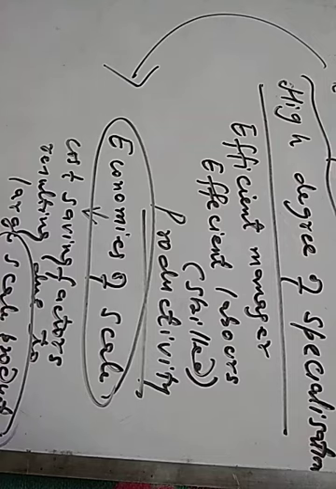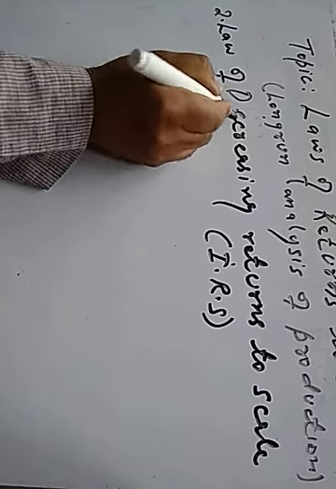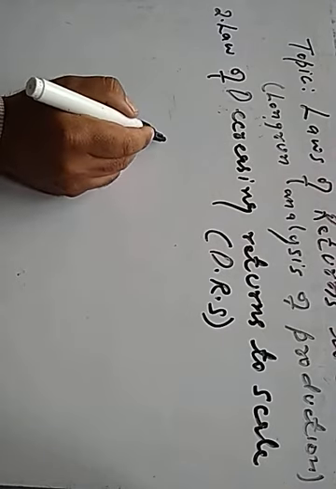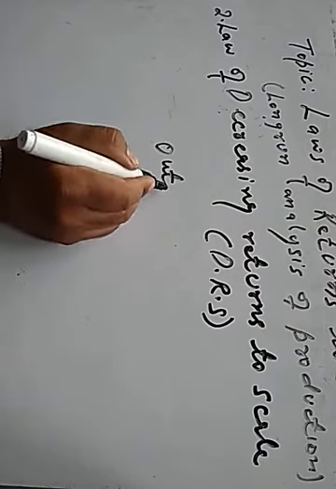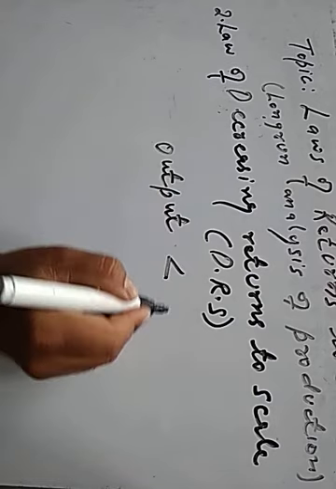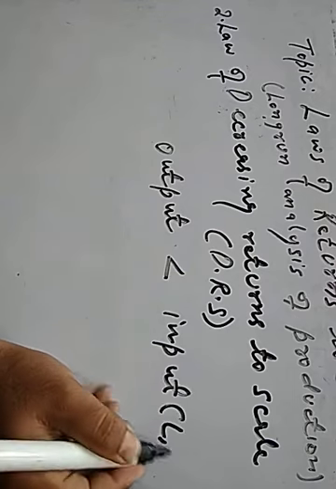Now we will learn one more law of returns to scale, that is the second law, the law of decreasing returns to scale, DRS. In this case, the increase in output is less than the increase in input, labor and capital.